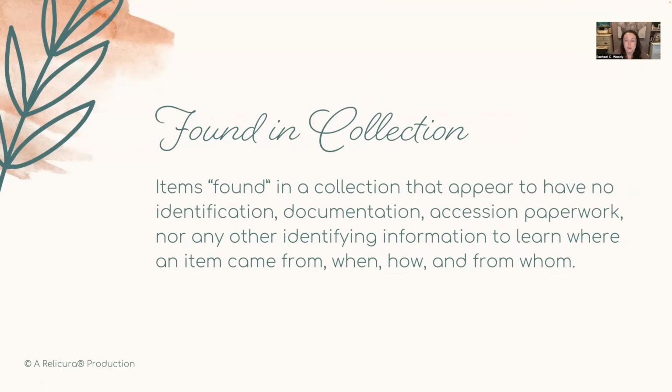There may be some institutional memory, like, "Yeah, we've had that since 1980," or "I think maybe the Johnson family gave that to us." So you may have some rumors in terms of provenance, but essentially it's just something that is found there. You're not sure how it got there, and there's not a lot of detail. So that is the concept of an item being found in collection, and there are some implications to this.